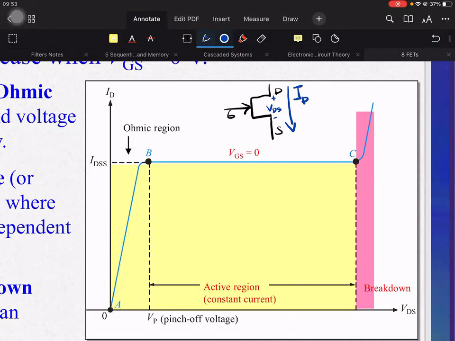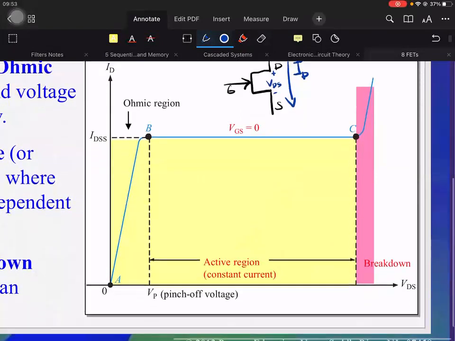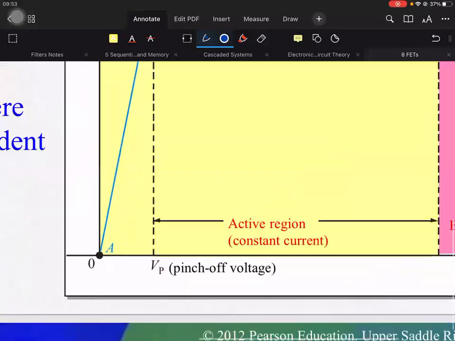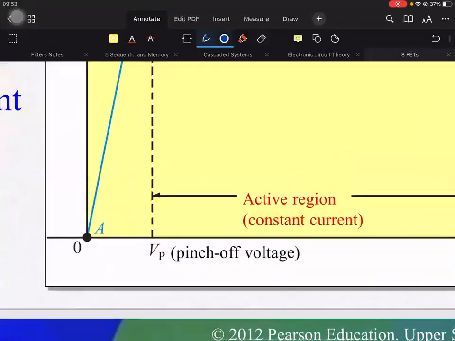That's why it's called ohmic, because it's much like a resistor. But that's not of interest to us. What is of interest is the voltage above pinch off.